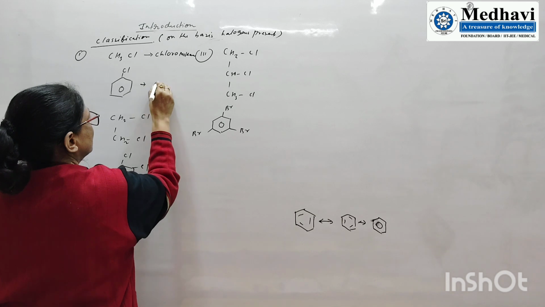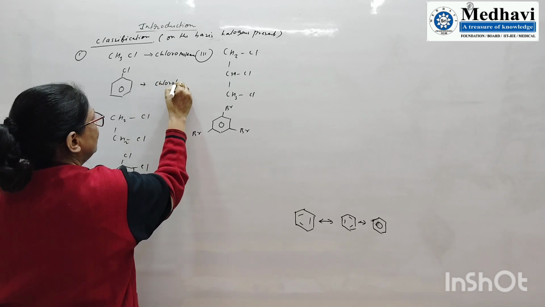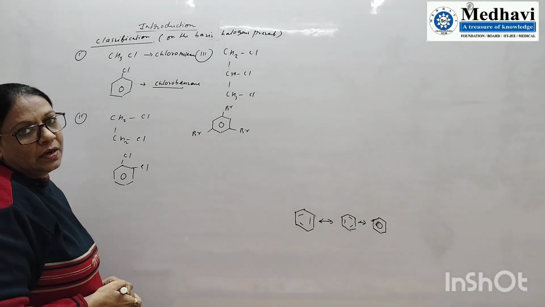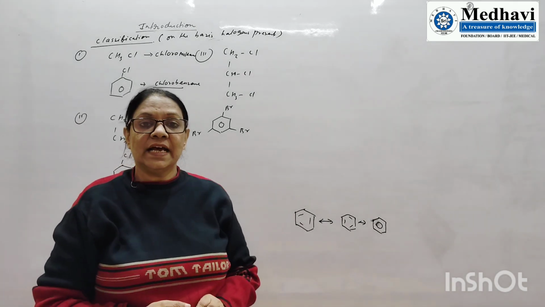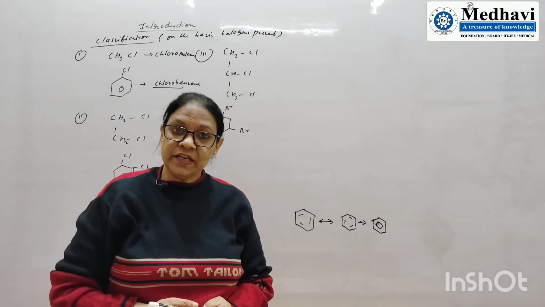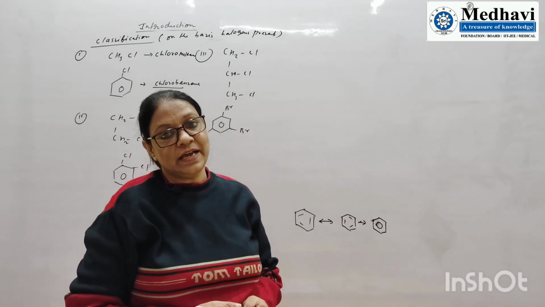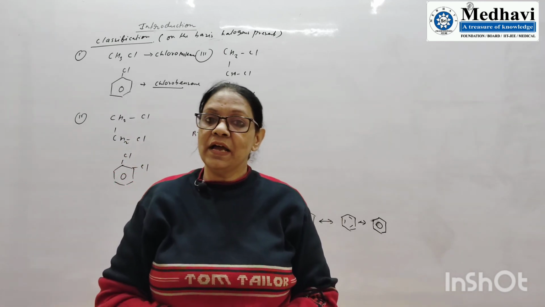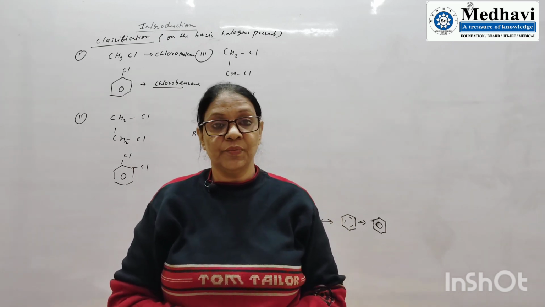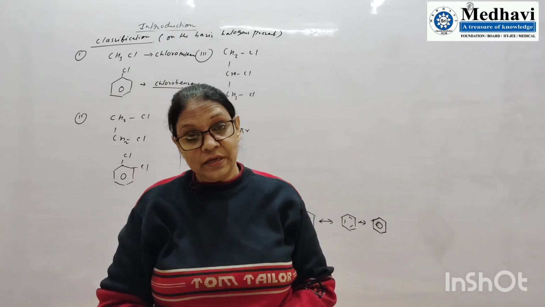This is chlorobenzene. Here one thing I want to say, very important information. Halo groups are used as a prefix group. In the previous video related to organic chemistry I explained how to name suffix and prefix groups and the priority group.